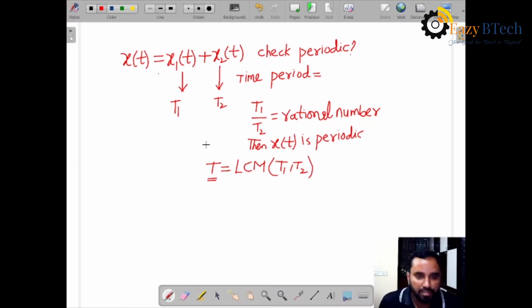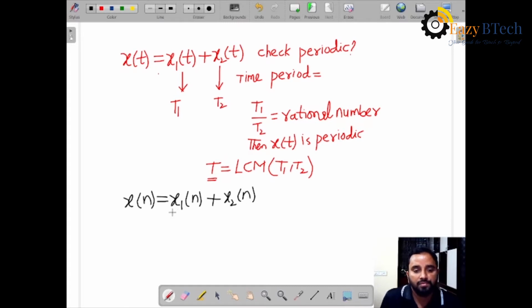In the same way, take a discrete time signal x of n, which is a combination of x1 of n plus x2 of n. Calculate the x1 of n time period and take it as n1. Calculate the x2 of n time period, take it as n2. Then take the ratio n1 by n2.